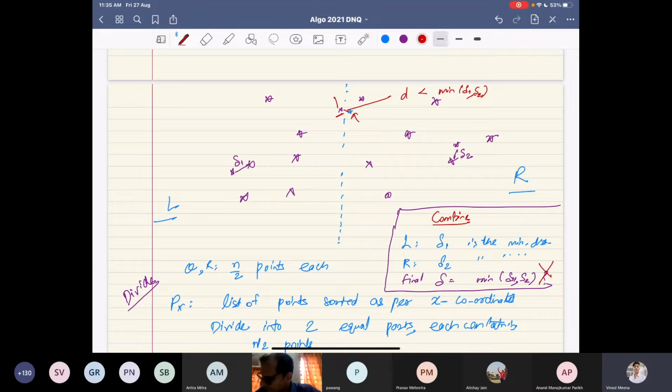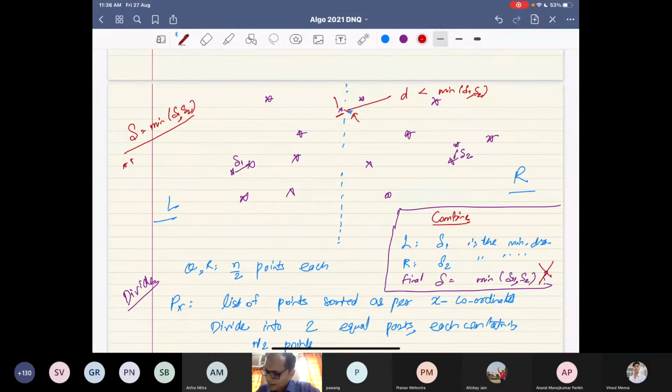What he's saying, fine. Let's find delta as the minimum of delta 1, delta 2. Right? That I can compute. And now, any pair will create a problem if the distance is less than delta, and one of the points is to the left of the plane and another point is to the right of the plane, right?